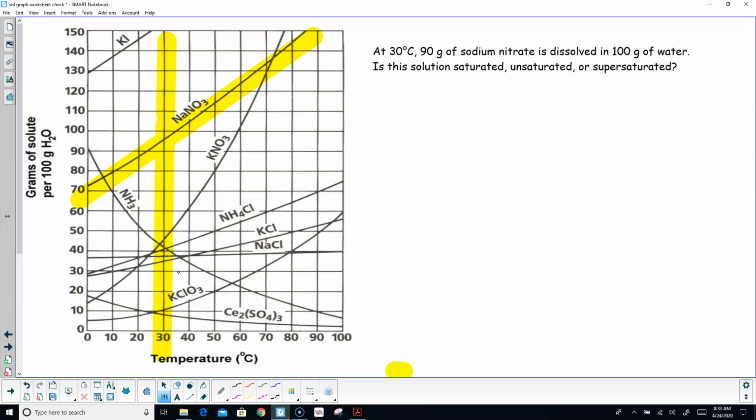It says that it has dissolved 90 grams of sodium nitrate, which would be a point right here. Notice we are under the line. That is unsaturated. Anything that is under the line is unsaturated. Anything that is found directly on the line is at the saturation point. It's saturated. Anything above it is supersaturated.